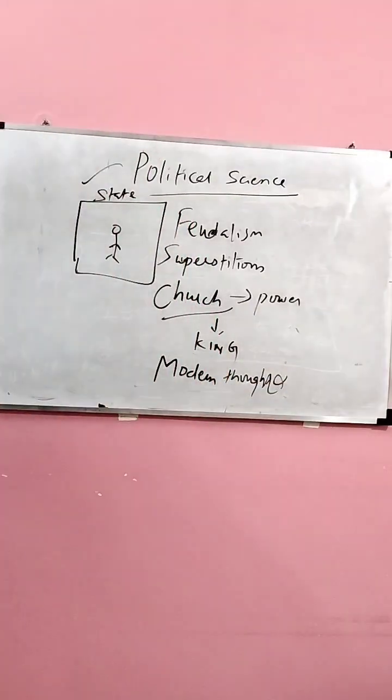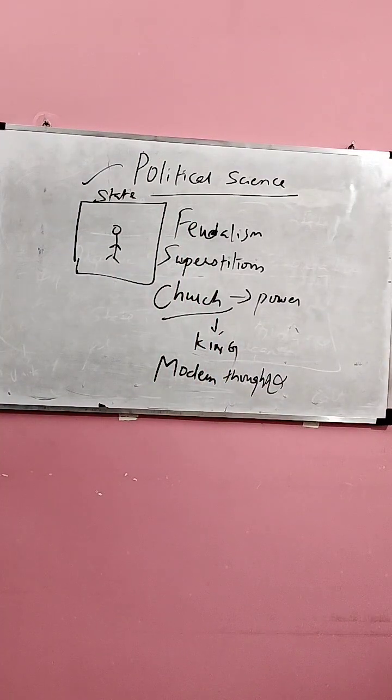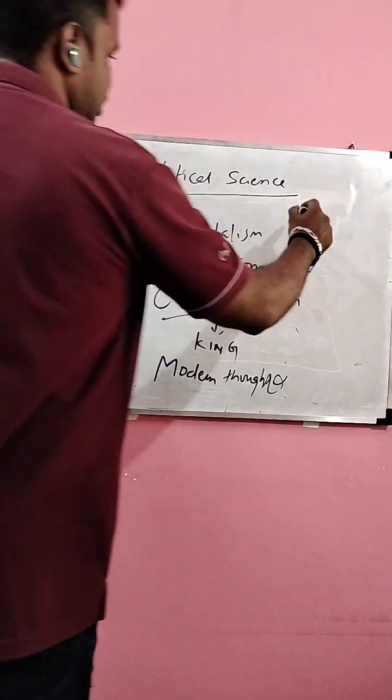Modern thought was not present, it was discouraged. Modern thought refers to progressive thoughts, ideas like equality, freedom, fraternity, scientific temper, rule of law, and so on. So, this period in Europe was referred to as the Dark Age.